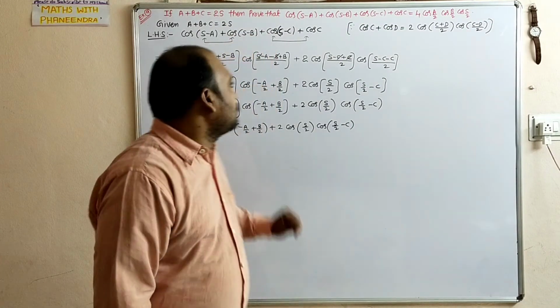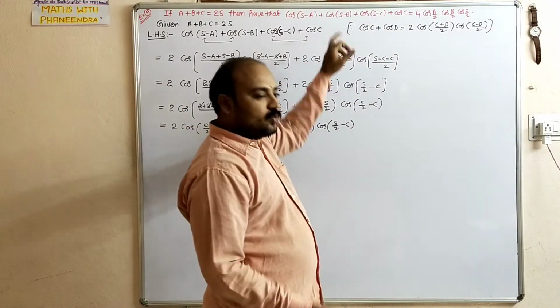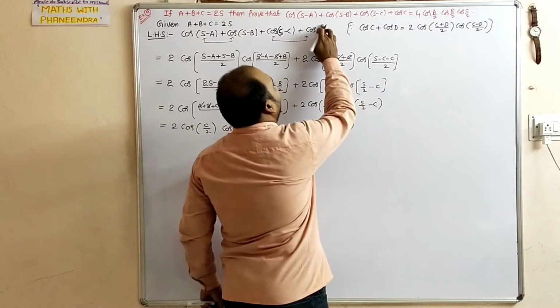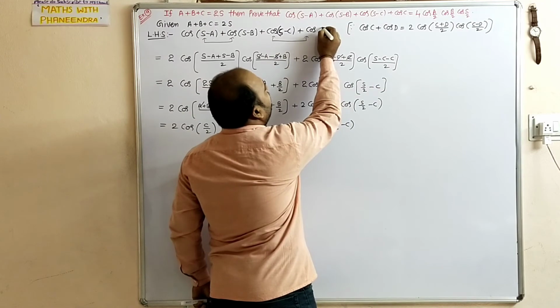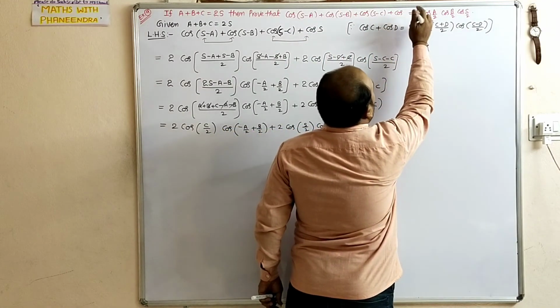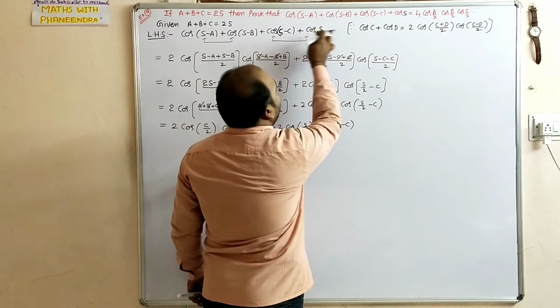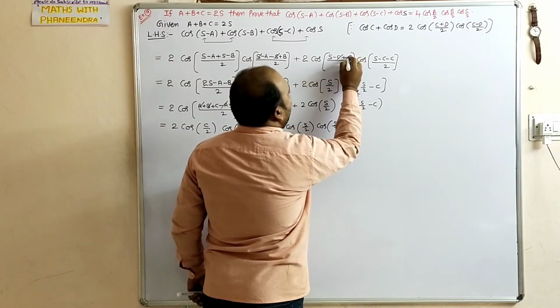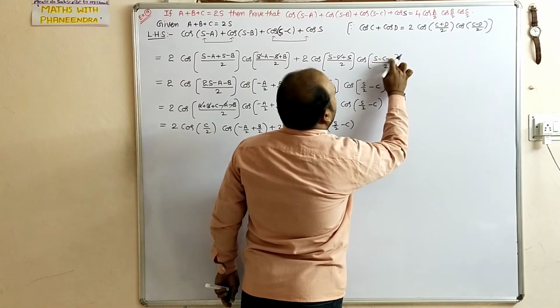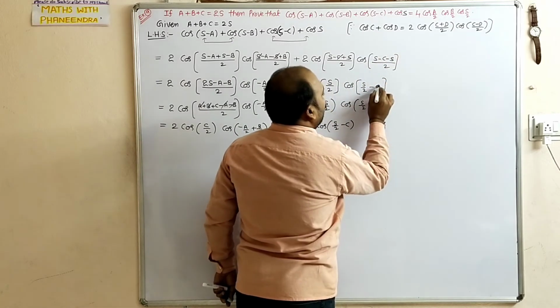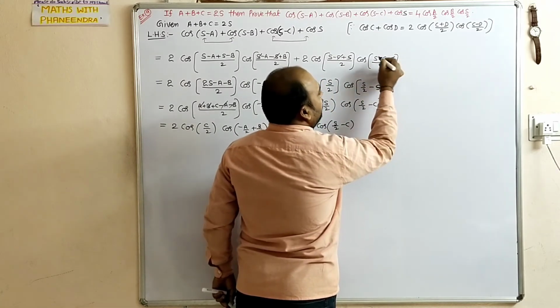Here, dear students, instead of C, S will be there, then it will be getting the correct answer. Why? Because C is not there. Here S will be. Even here also S, cos S. Whenever S is there, S minus C plus S, and S minus C minus S. Minus S plus S get cancelled.